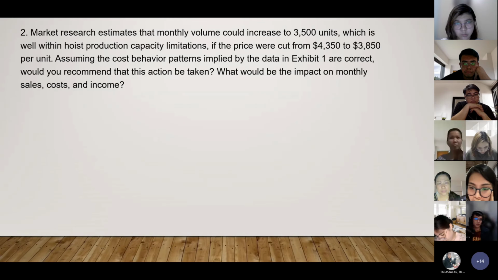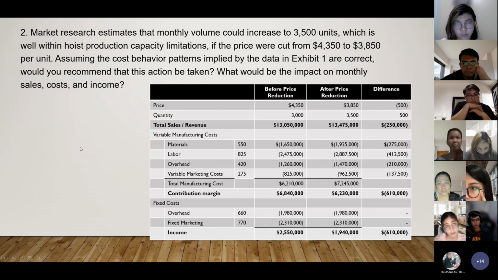So we made a table for this consisting of before the price reduction and after price reduction. So yung price natin sa before price reduction is yung original, which is 4,350, and yung quantity is 3,000 pa rin. Yung sa after price reduction natin, price is 3,850 and with the additional quantity of 500, magiging 3,500 na yung quantity.